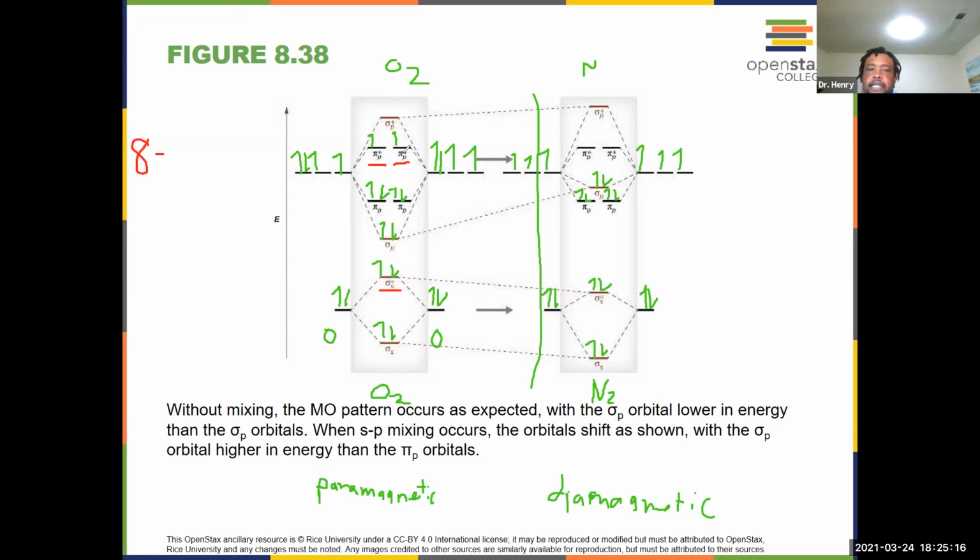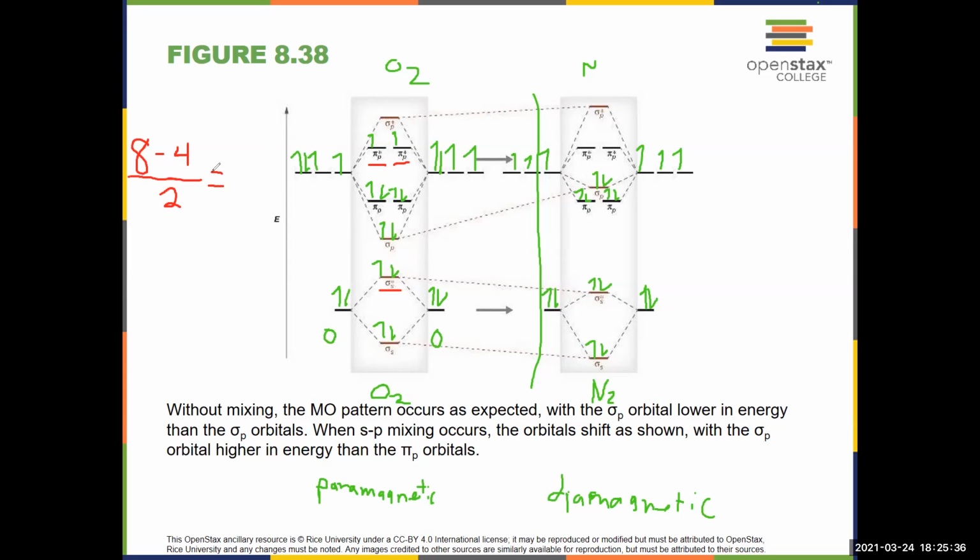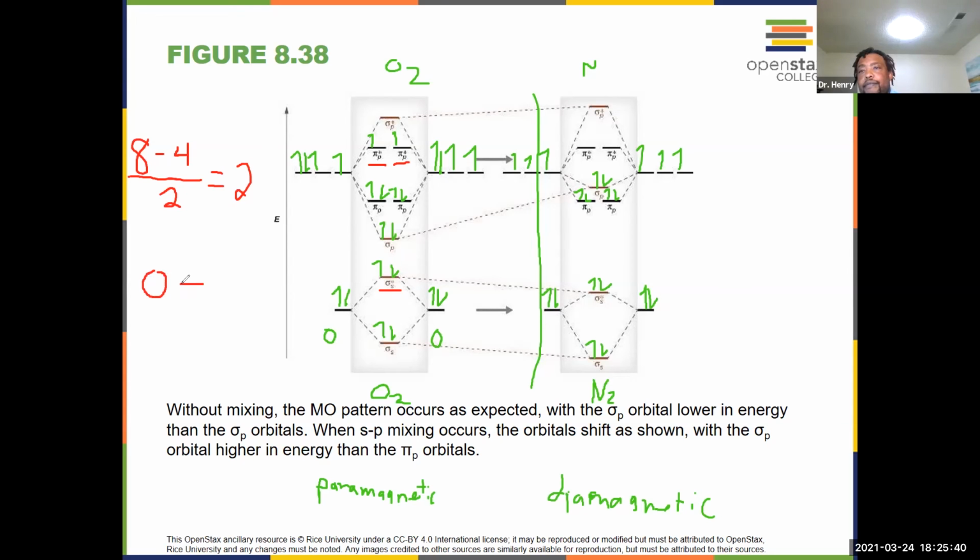Remember, the star represents antibonding. I heard somebody say it under their breath. Somebody said 4. So 8 minus 4, divided by 2, is 2. And we know that oxygen has a double bond between it, right? Holds up so far?